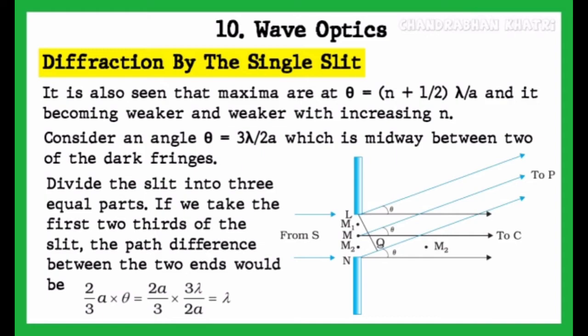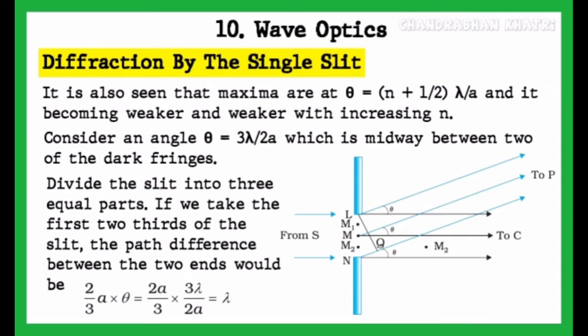and they become weaker and weaker with increasing n. Consider an angle theta equal to 3 lambda upon 2a, which is midway between two of the dark fringes. Divide the slit into three equal parts.